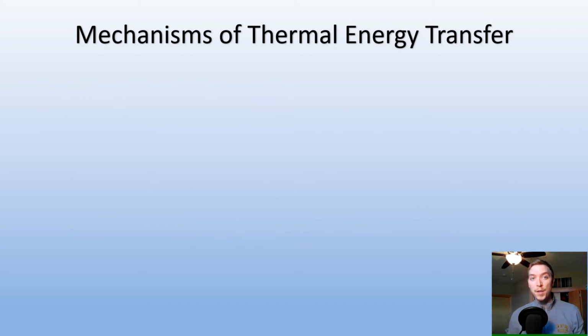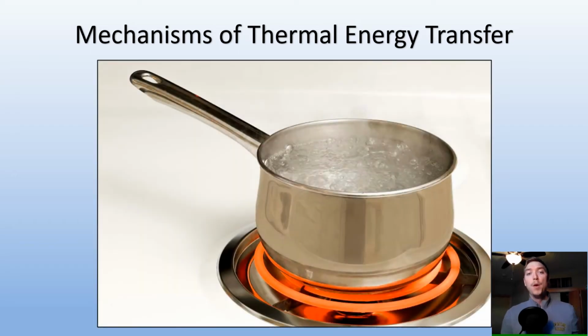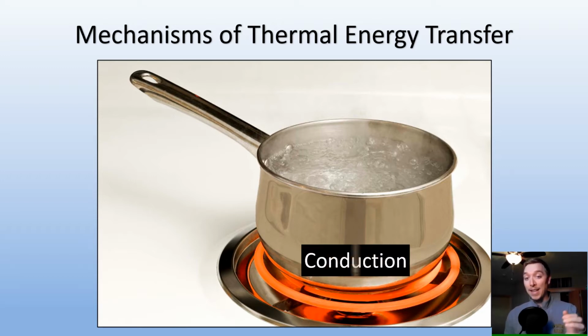So let's go ahead and talk about these mechanisms of thermal energy transfer. We're going to use a really popular example, a pot of boiling water being heated by an electric coil on a stovetop. We've got 3 different types of energy transfer that we're going to be talking about. We've got conduction.